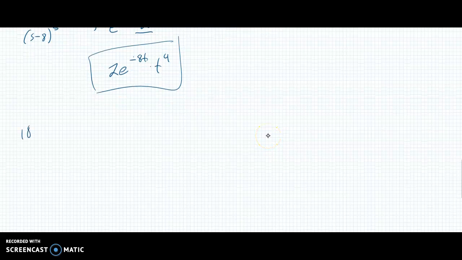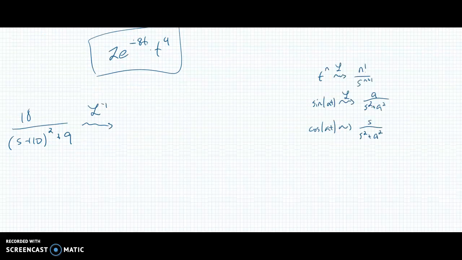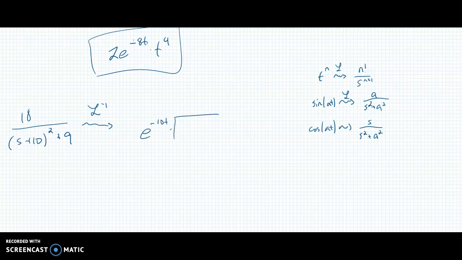Let's do 18 over s plus 10 squared plus 9. So I think you should recognize that my a value for the exponential shift part is equal to -10. So it is e to the -10t times something.